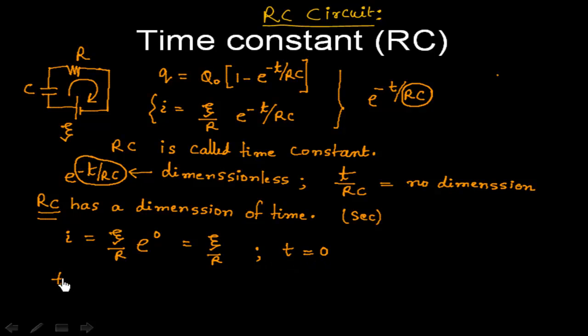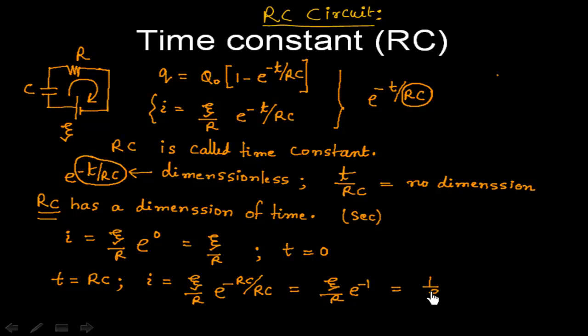Let us find the current when time is equal to RC. So now we will have I equal to xi by R times e to the power minus RC divided by RC, that is xi by R times e to the power minus 1. So this is simply 1 by e times xi by R.